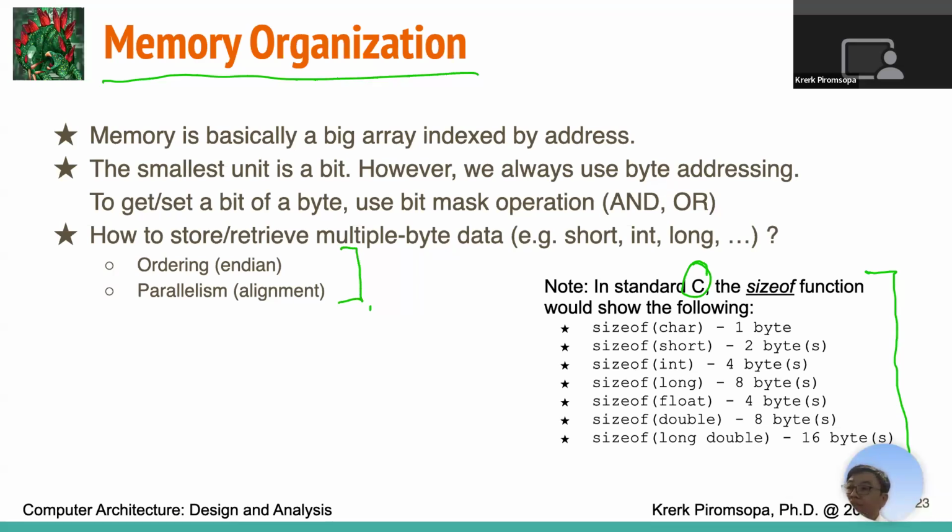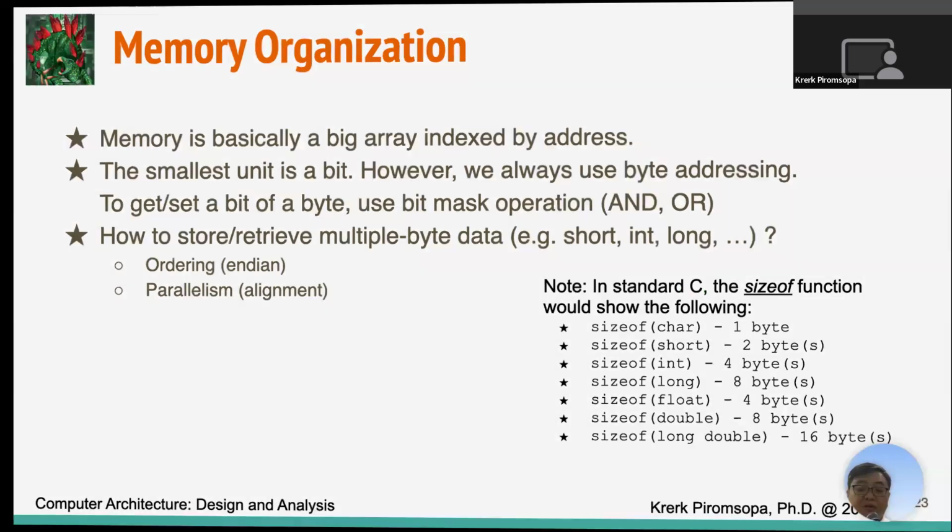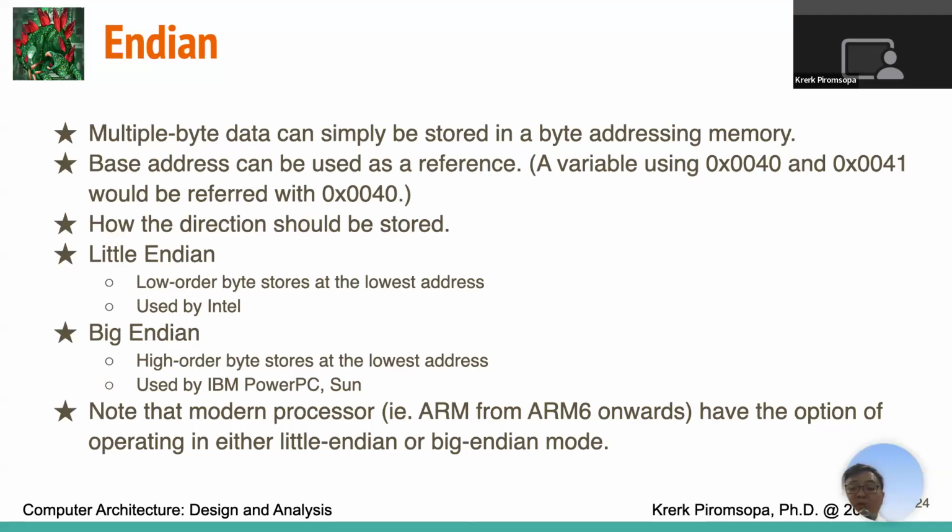Let's start with ordering, or endian. Well, there are two ways to write it down. Let's say I have some number, maybe it's base 16. 1, 2, 3, 4, base 16.